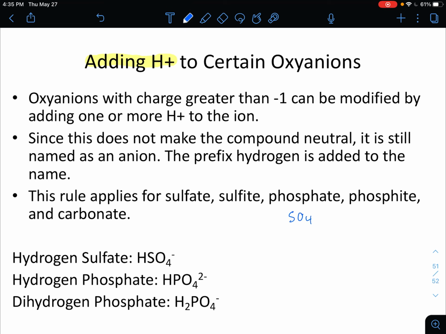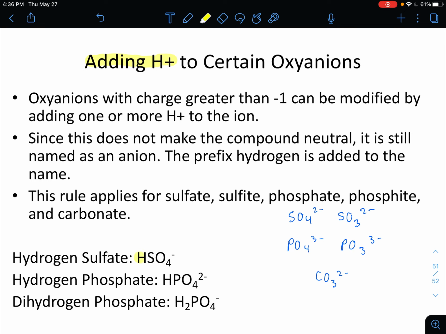So this is going to apply to sulfate and sulfite, phosphate and phosphite, and then carbonate. There's no carbonite, so those are the 5 where this rule is going to apply.